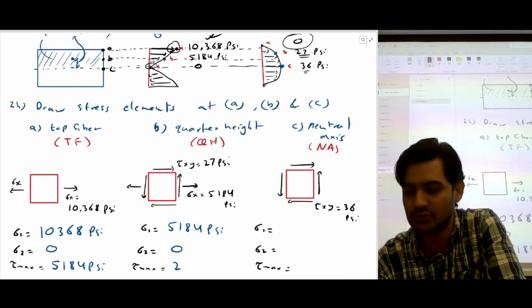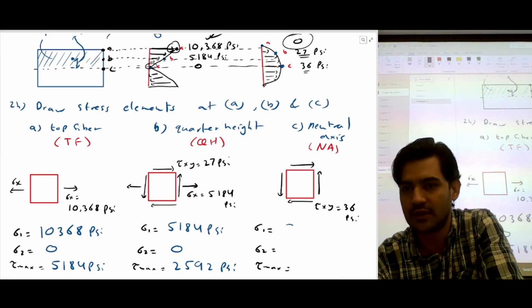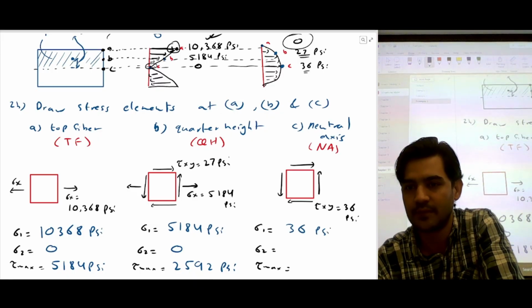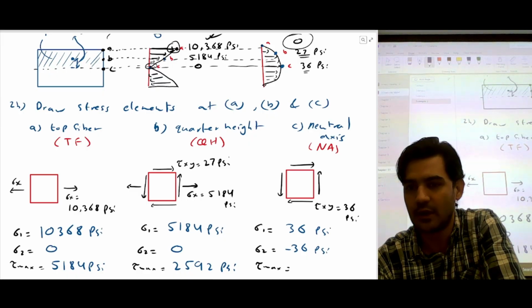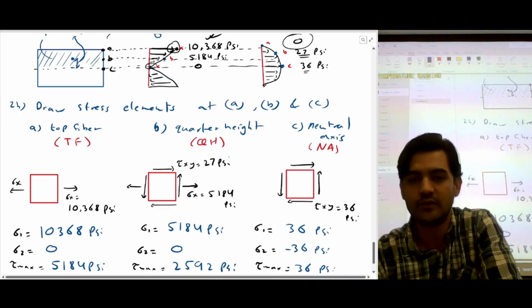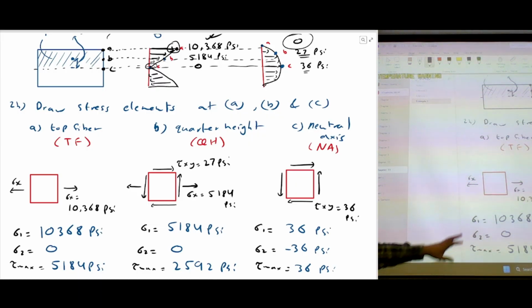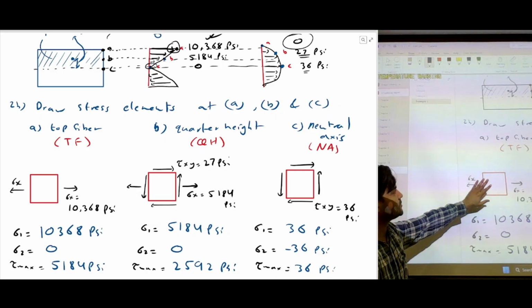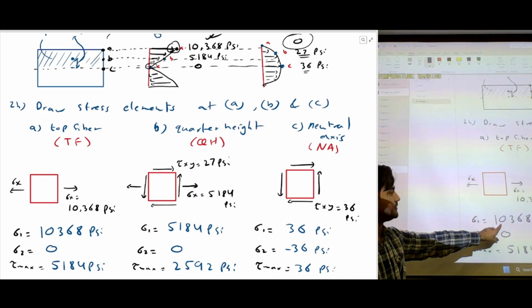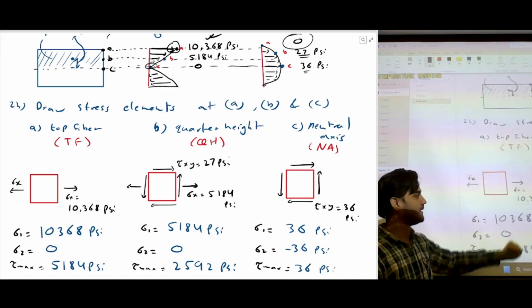Tau max is 2592 psi. In this case, our stress 1 is 36 psi. Stress 2 is negative 36 psi. And tau max is 36 psi. So these are the maximum stresses you're going to get at that particular point. So at point A, which is top fiber, the maximum stress 1 is 10,368 psi.